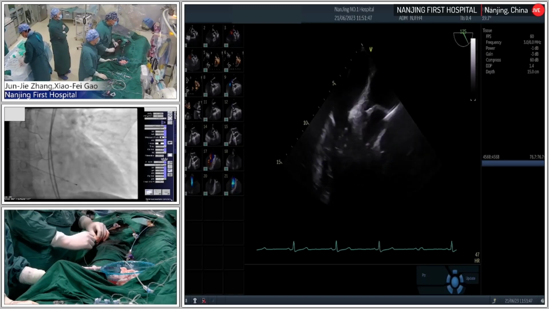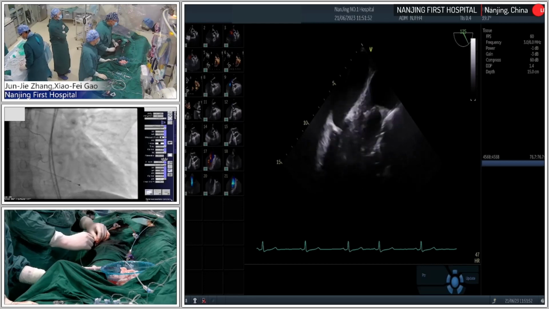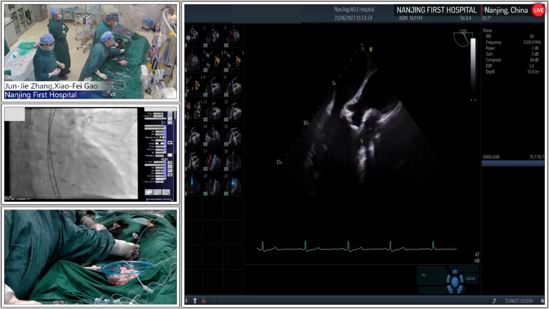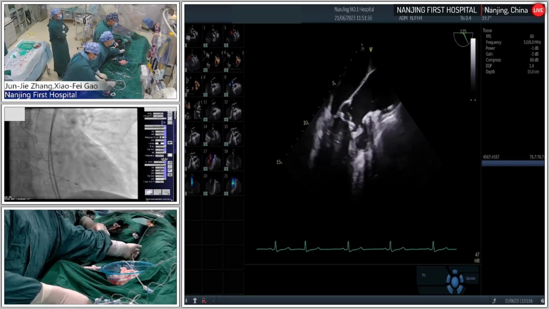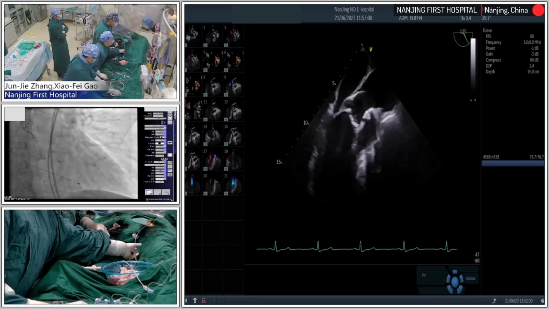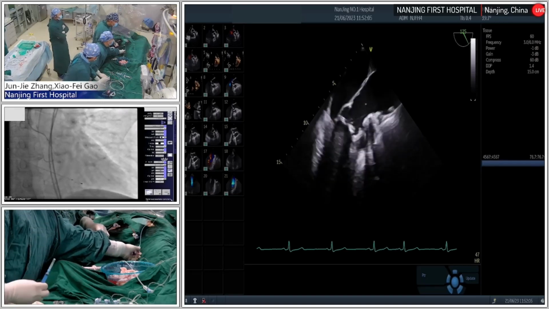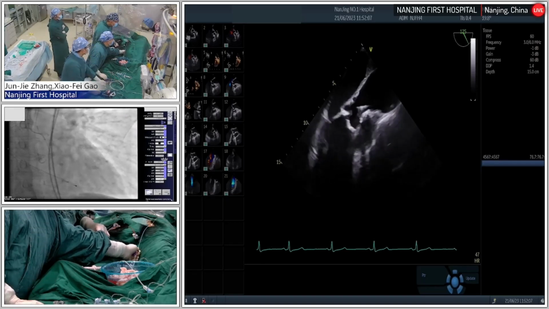And the other is the whole situation of the heart. For example, for the stenosis, if the annulus is quite small and there is no regurgitation before the TAVI, I think it is really not a good sign.